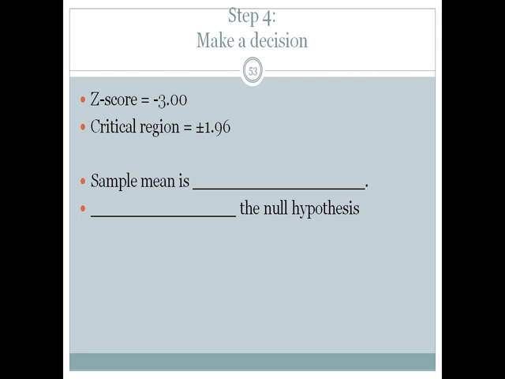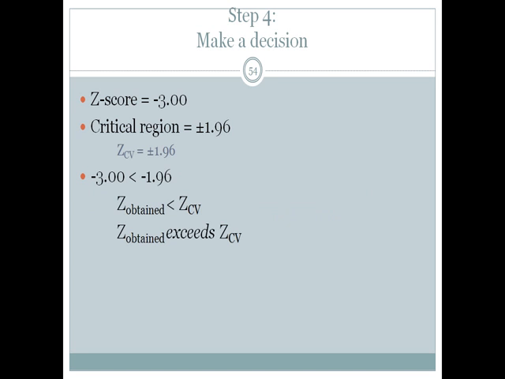So we would reject the null hypothesis. So -3 is much lower than -1.96. We could also say that our z obtained exceeds the z critical value.